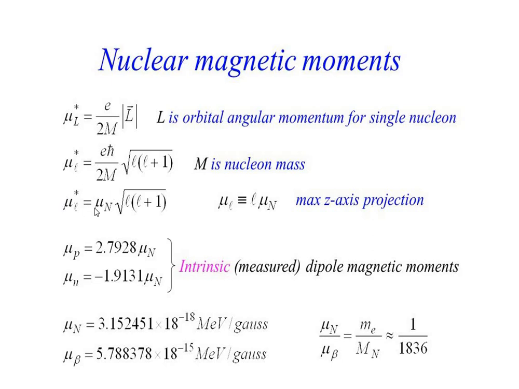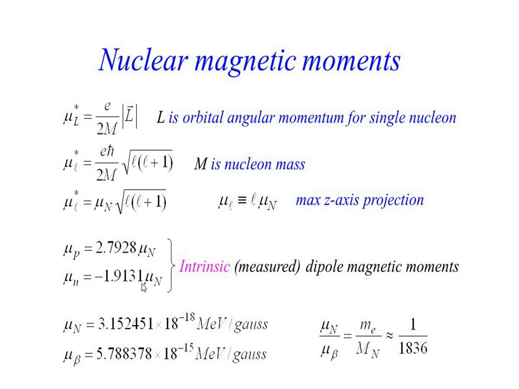Just like the Bohr magneton we discussed for the electron, this e h cut divided by 2m for the nucleon is known as the nuclear magneton, that is mu n. So its value is here.